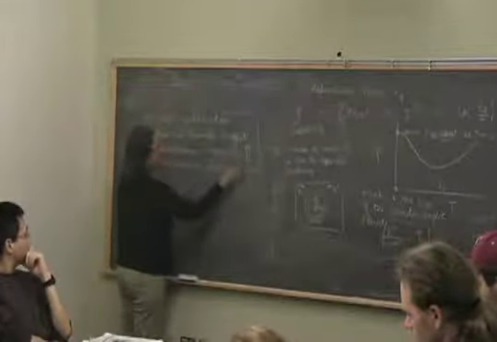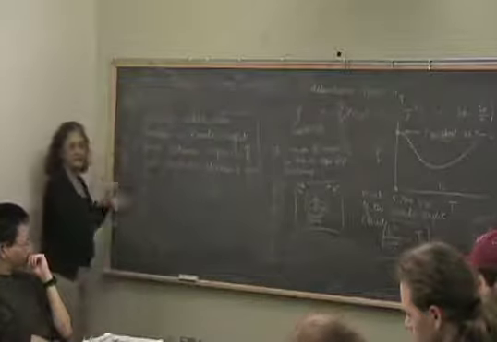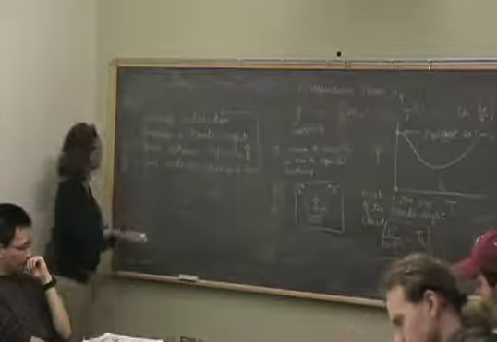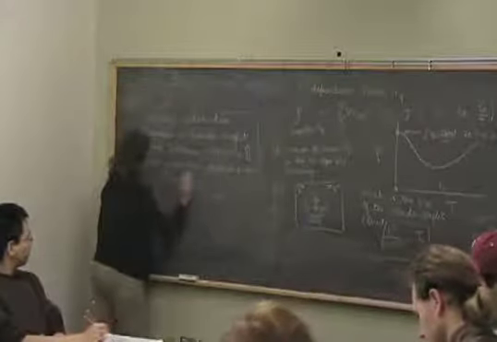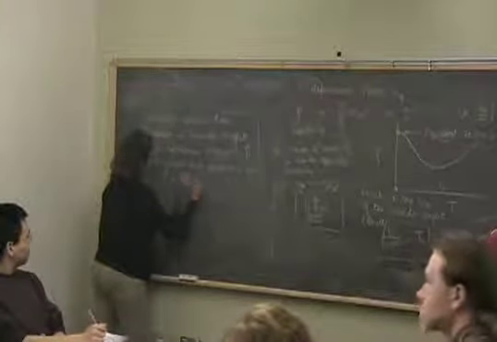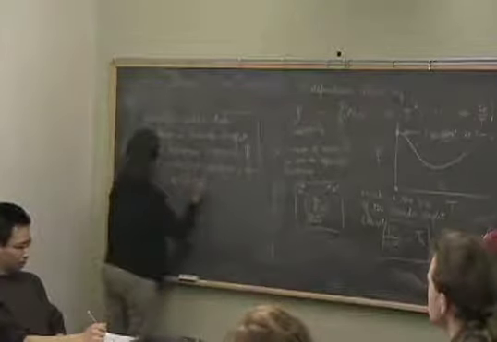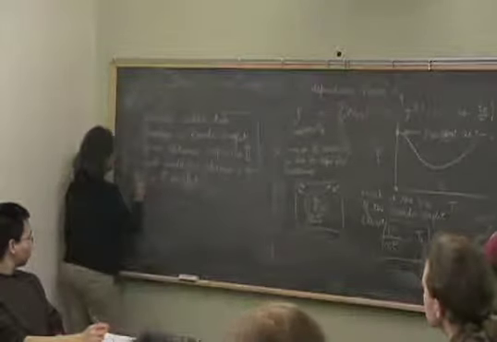And when I say up or down, they are arbitrary, right? You have a singlet, it's up, down, minus, down, up. And this is the psi Kondo, so to say.